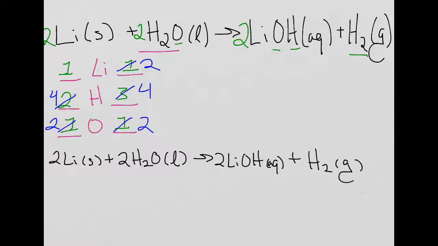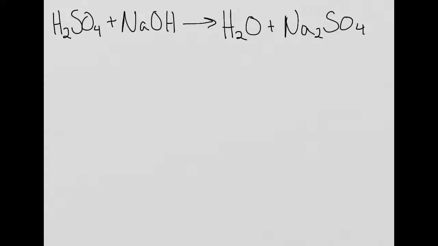And that's in a gaseous form. And if I count again, I have lithium, hydrogen, and oxygen. I have 2 lithiums on the left, 2 lithiums on the right. I have 4 hydrogen on the left, 4 hydrogen on the right, and 2 oxygen on the left, 2 oxygen on the right. I am perfectly balanced.